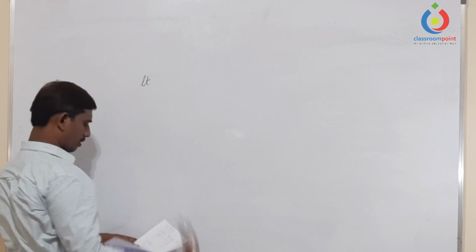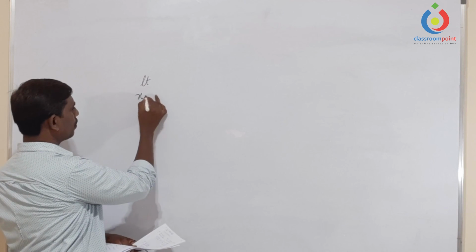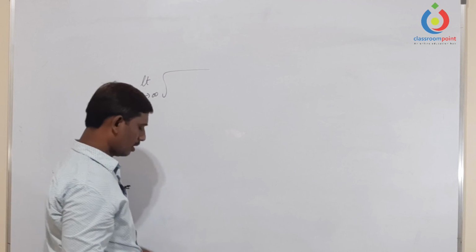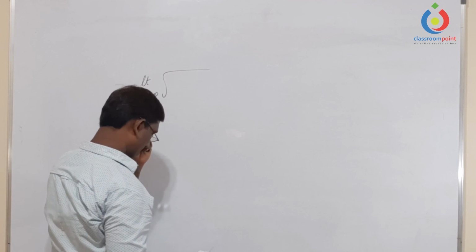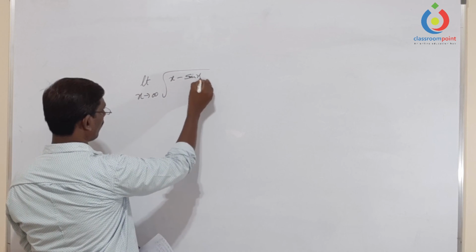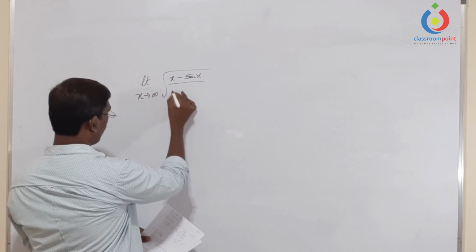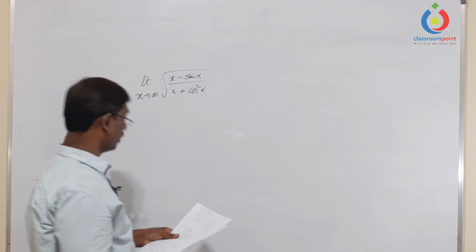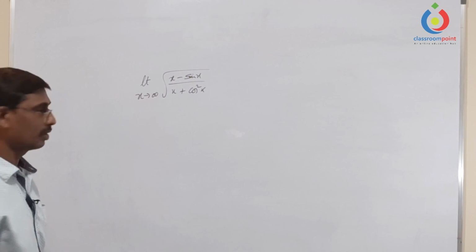Limit x tends to infinity of whole root of x minus sin x by x plus cos square x is equal to what? This is the question.